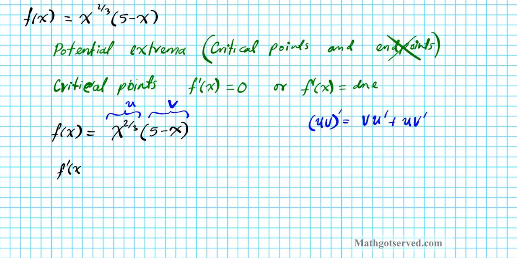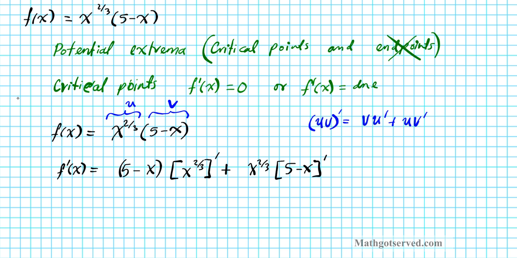Okay? Alright, so let's apply this product rule to this situation here. f prime of x is going to be v, which is 5 minus x, times u prime. So let's just do the intermediate steps so that everyone understands what's going on. So vu prime plus u, x to the 2/3, times v prime, the derivative of 5 minus x.